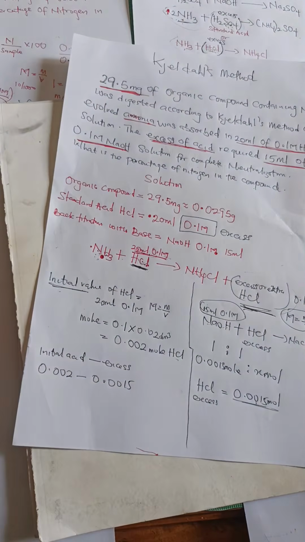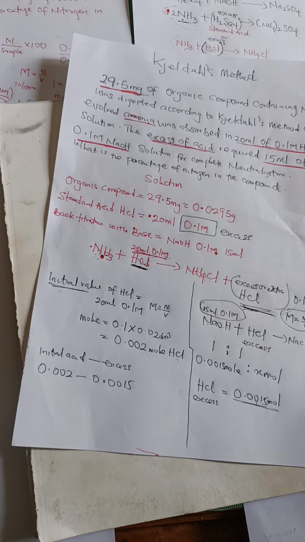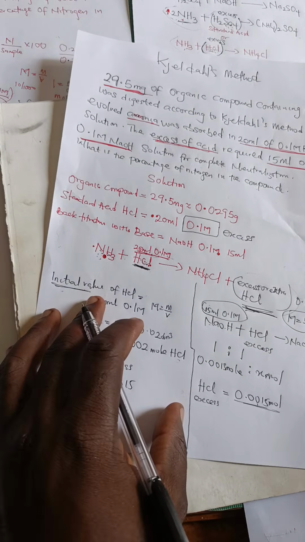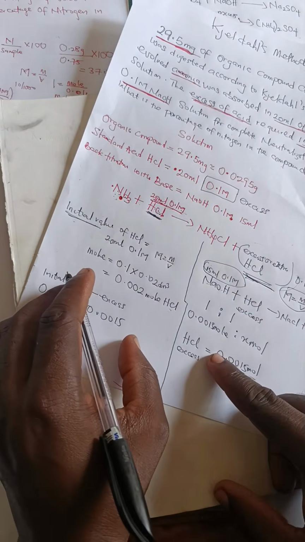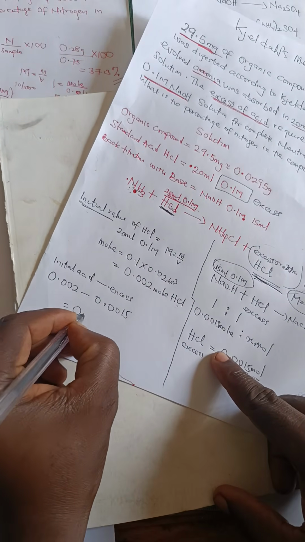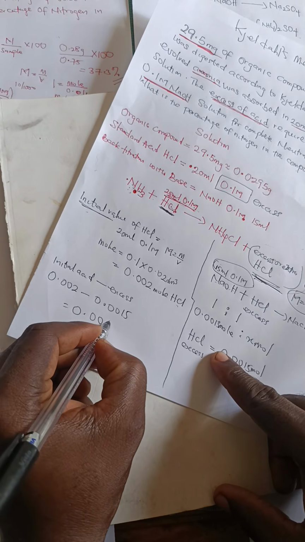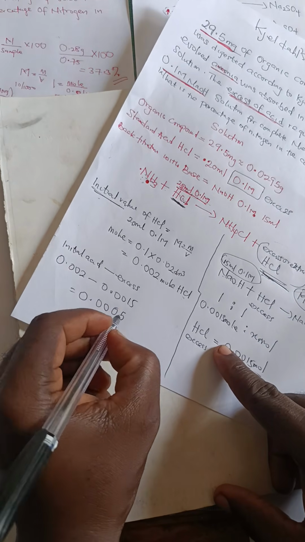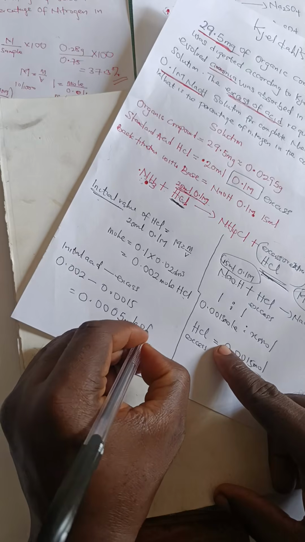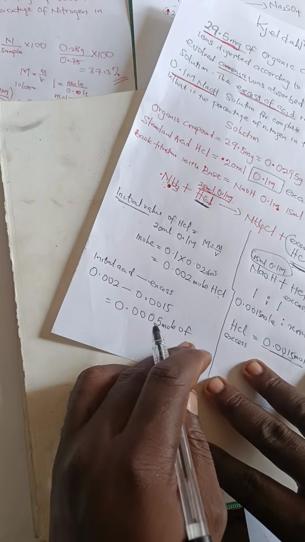Is everybody still following? 0.002 minus 0.0015. That will give us what? 0.0005 mole of what? The mole of what, everybody?